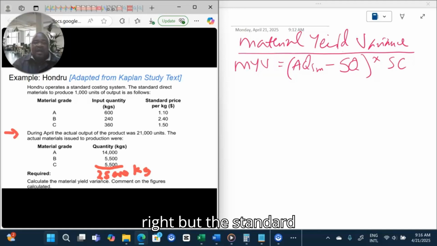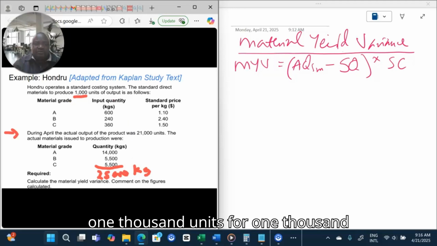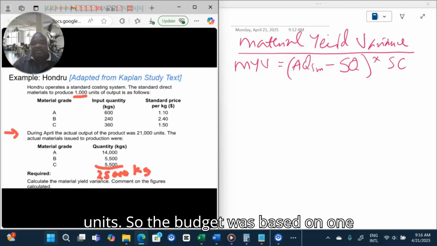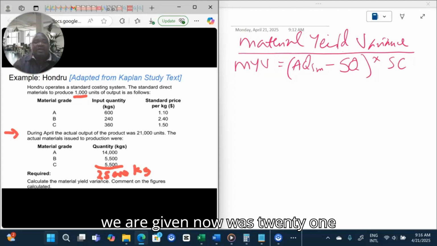All right. But the standard which we were given was for 1,000 units. So the budget was based on 1,000 units, but the actual production we are given now was 21,000 from 25,000 kgs.